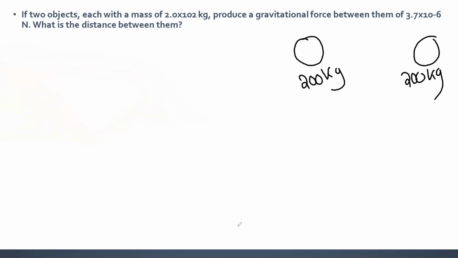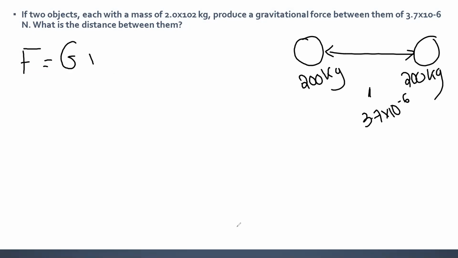They produce a gravitational force between them equal to 3.7 times 10 to the power negative 6. And they asked me to find the distance. So the force is G M1 M2 over d squared. The force is 3.7 times 10 to the power negative 6.